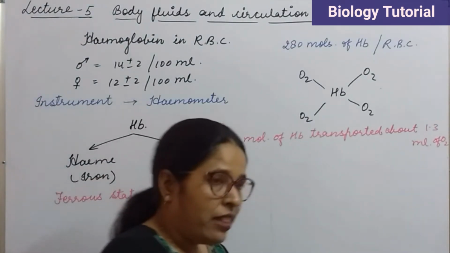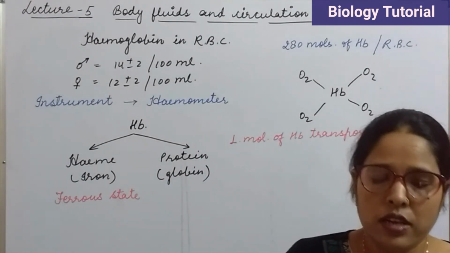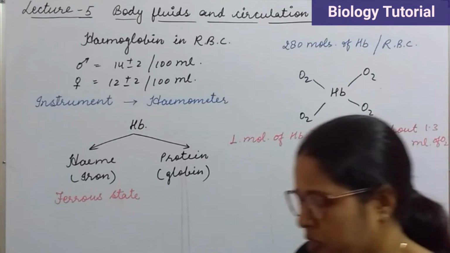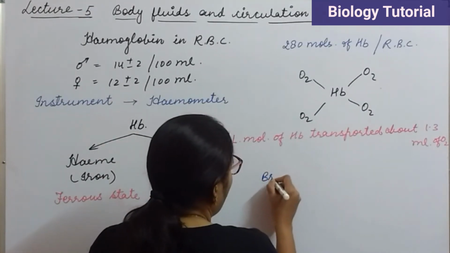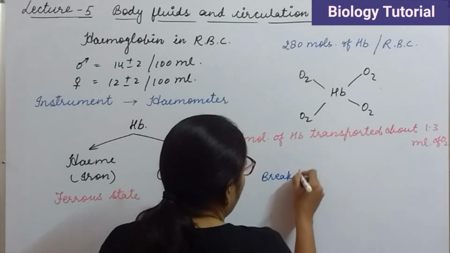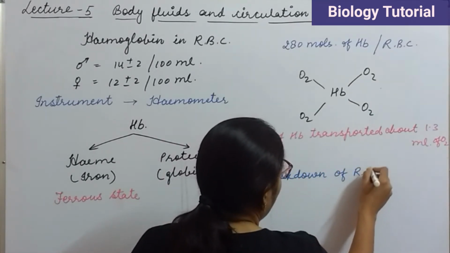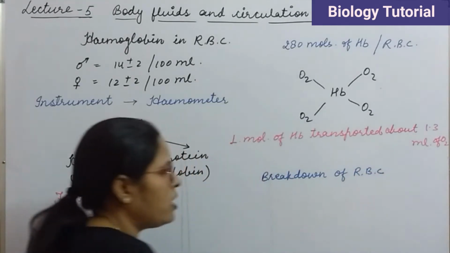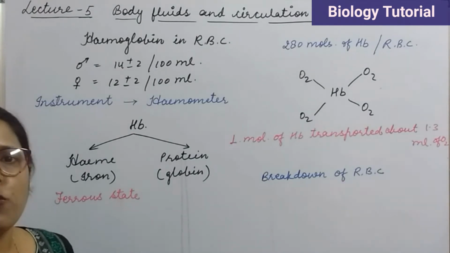Next, when the RBC gets broken down, what will happen? Clear? So here we are talking about the breakdown of RBC. As we know, in RBCs there is the RBC membrane and inside the RBC only hemoglobin is present.